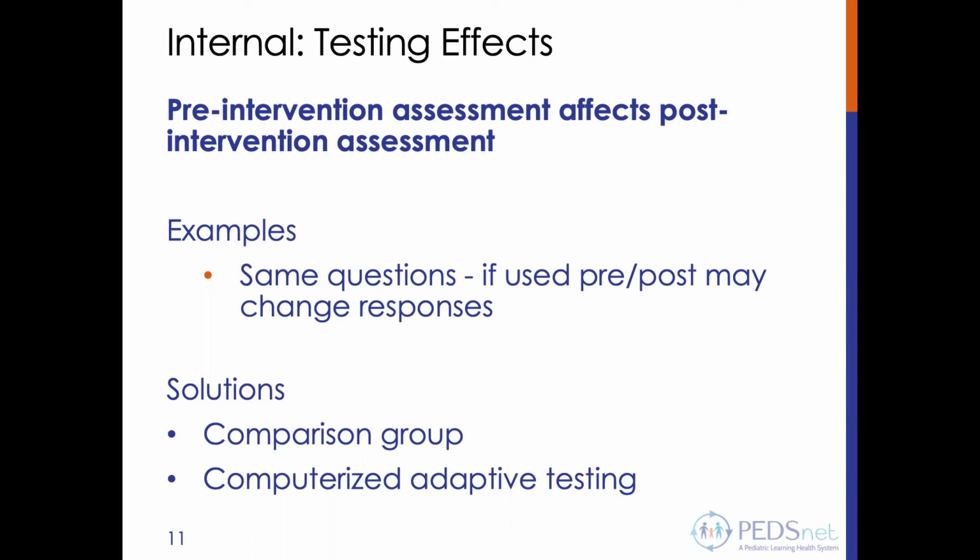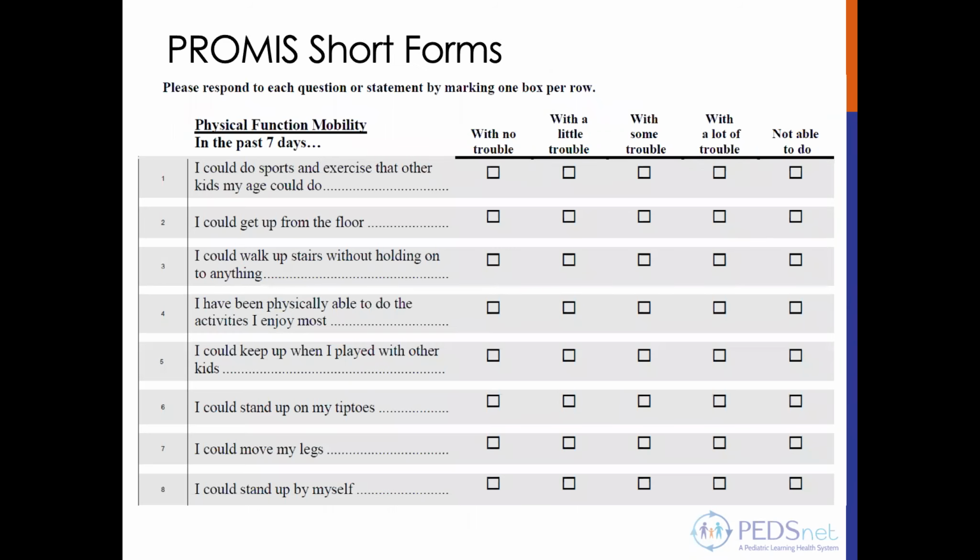They may change their responses after the fact because they recall what they said on the first go round. So you can address testing effects, again, through a comparison group, but a really innovative approach for addressing testing effects, even in randomized controlled trials, is computerized adaptive testing. Let me explain this in the next couple of slides.